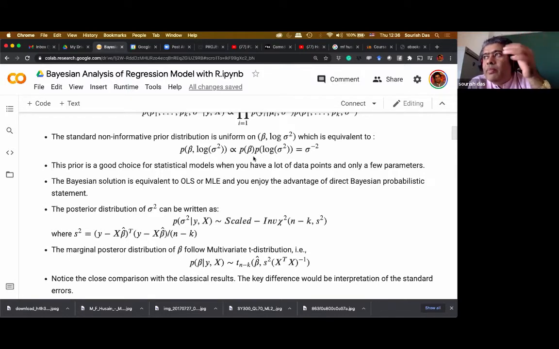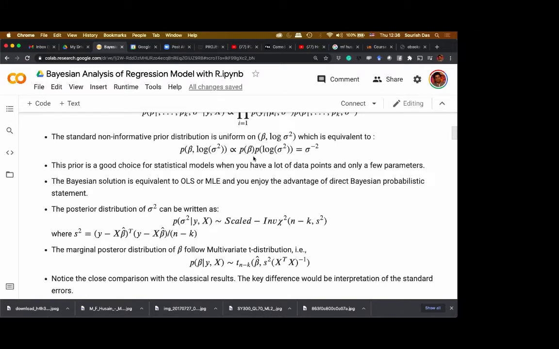But if it is a weak prior and you are assuming independence, then if you have a lot of data, this independence assumption will be washed out. And if there is a correlation manifested between beta and sigma square, your posterior analysis will pick that up. But since we say uniform, proportional shouldn't be a question, right?